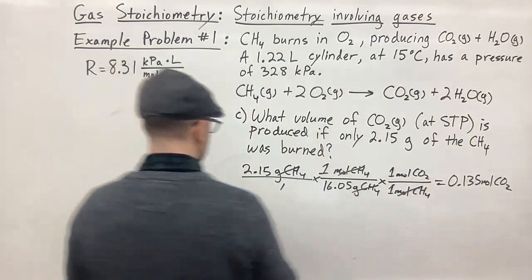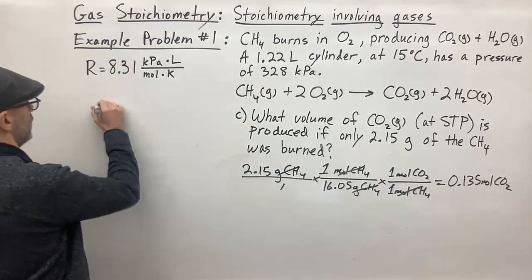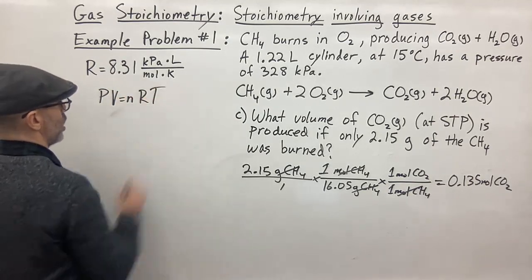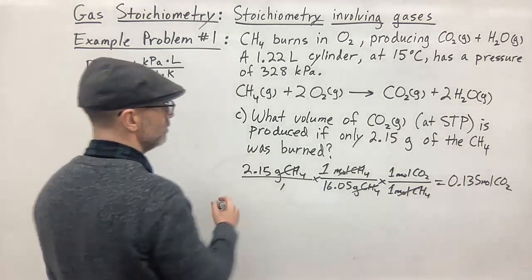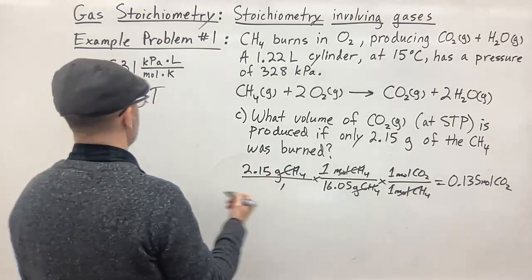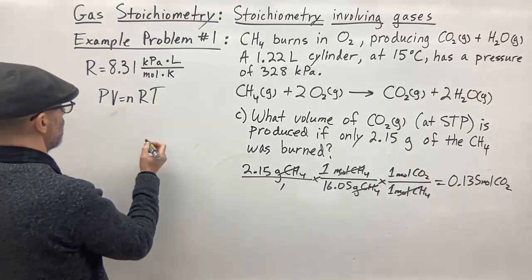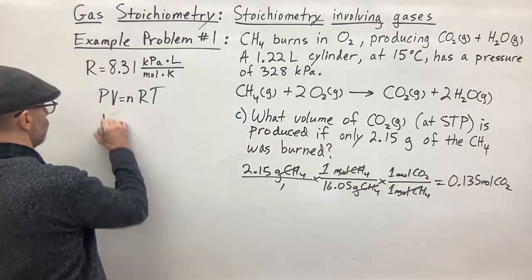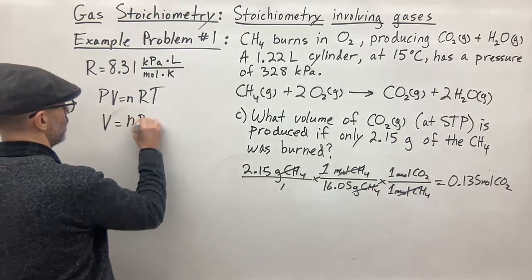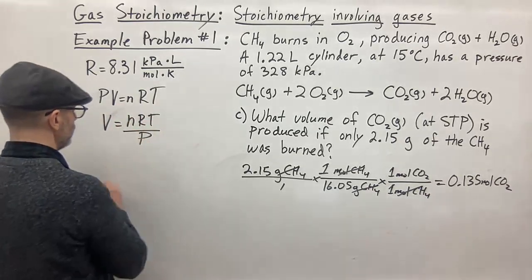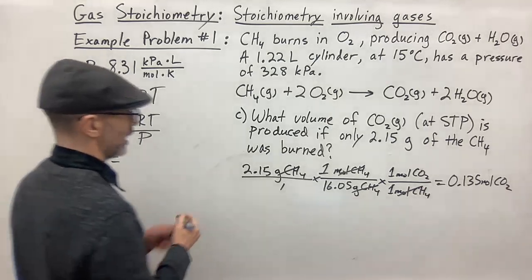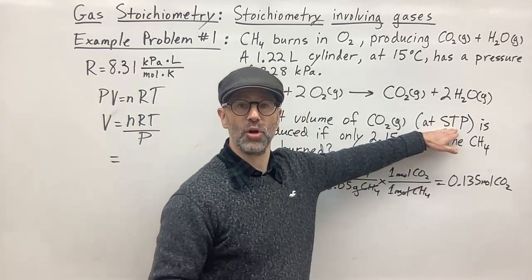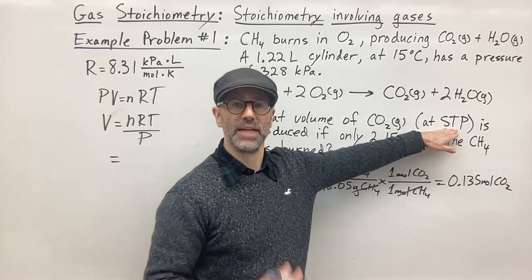So now that I have the moles of CO2, I can use my PV equals nRT. So PV equals nRT, and I have moles, and I can convert everything to the proper unit. I want to find volume, so I'm going to solve for volume. Volume is equal to nRT over the pressure. And now I just plug everything in. Of course, it says STP, that's standard temperature and pressure.